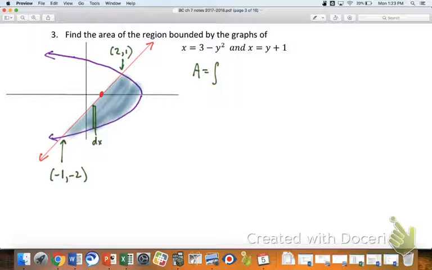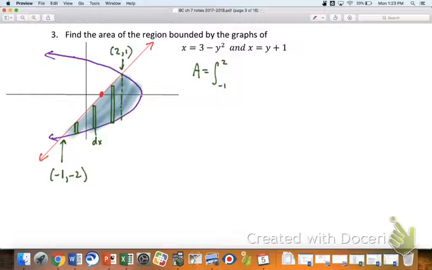So somebody might say, hey, we're going to go integral from -1 to 2. So we're going to accumulate all the way over to this dashed line, and all along that part of the region, wouldn't every single representative rectangle be governed by the line on the top and the curve on the bottom?